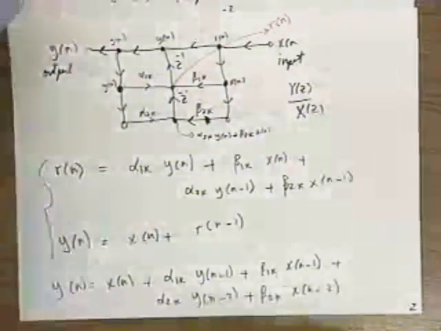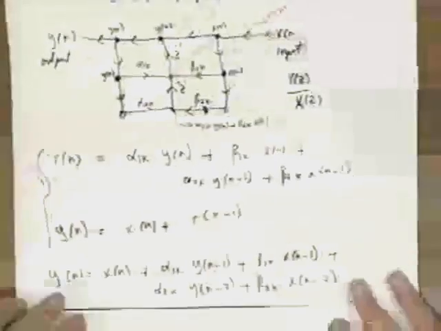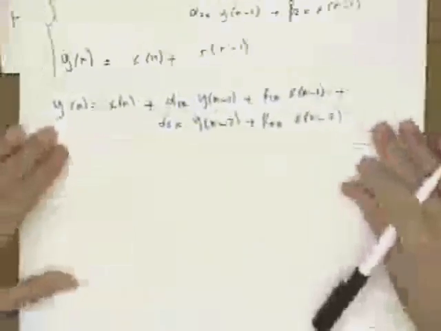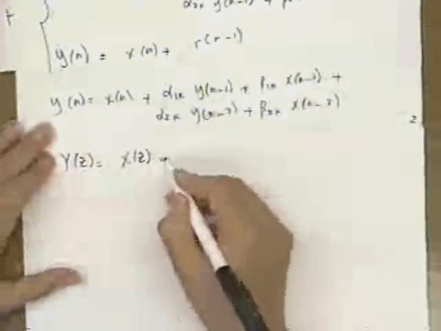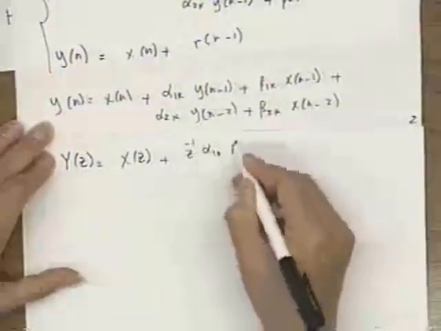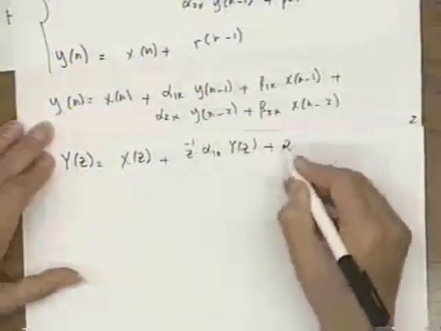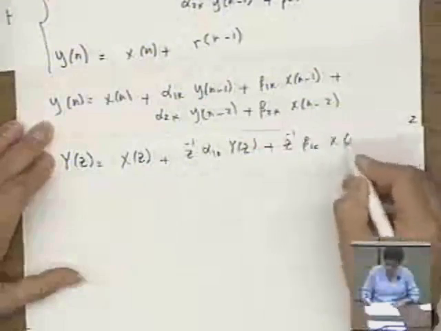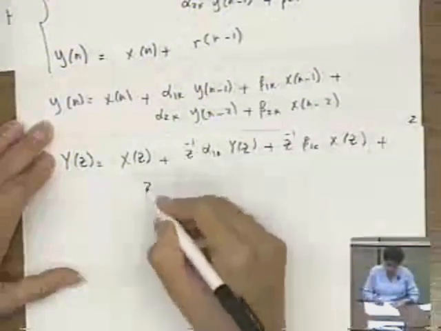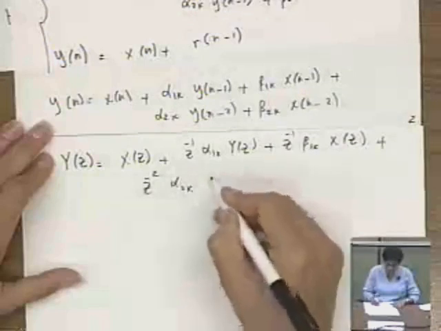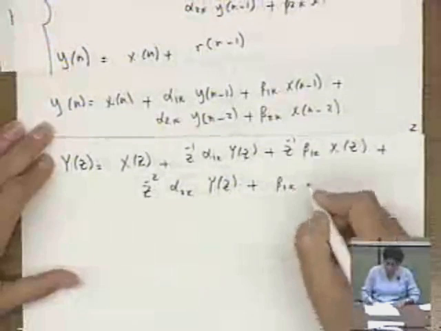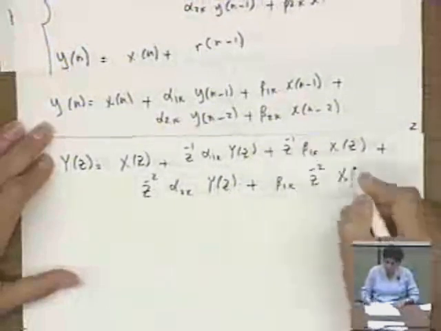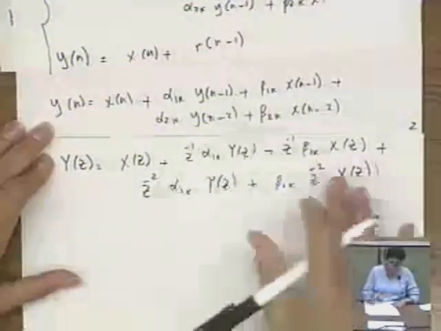Now if you take the z transform of both sides of this equation, what you end up getting is the following. So you get y of z is equal to x of z plus z inverse alpha 1k y of z plus z inverse beta 1k x of z plus z to the minus 2 alpha 2k y of z plus beta 2k z to the power of minus 2 x of z.